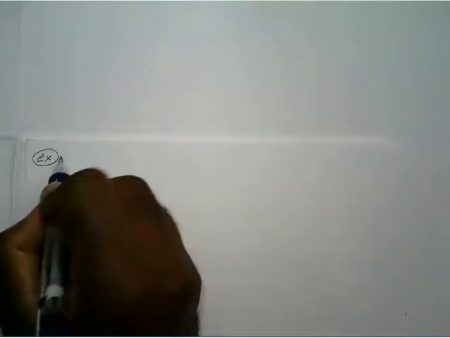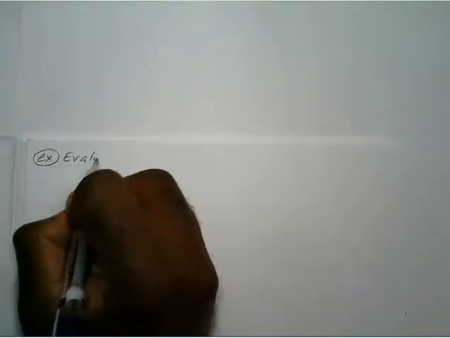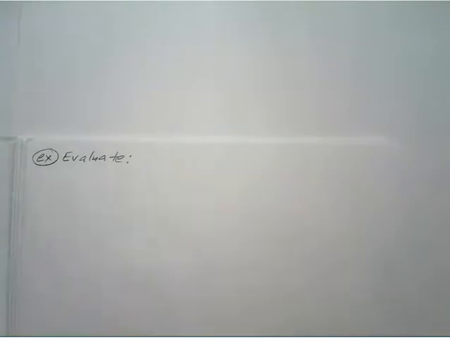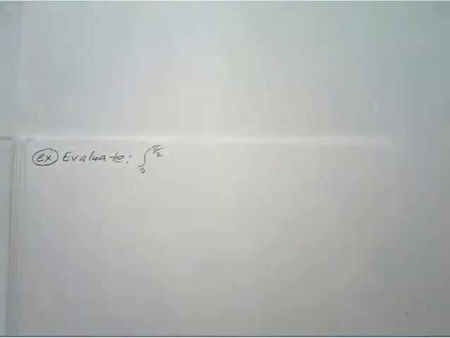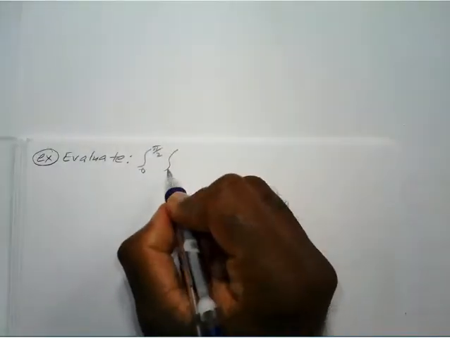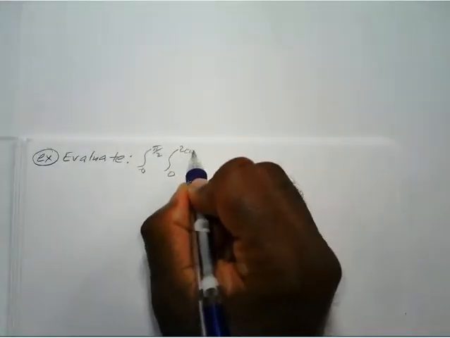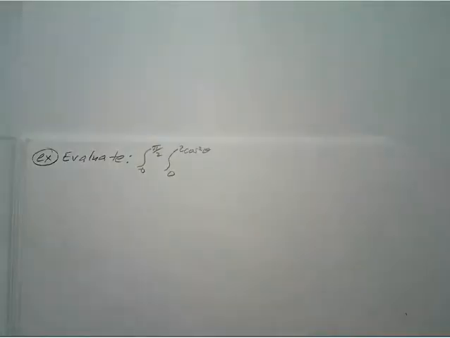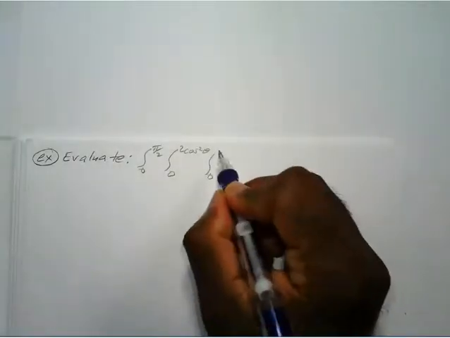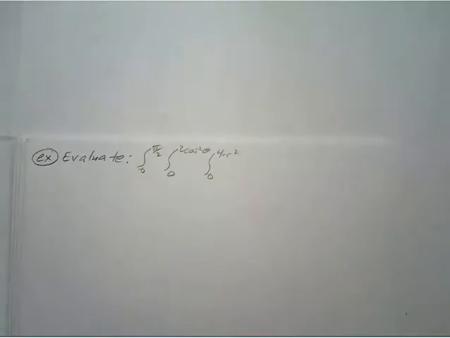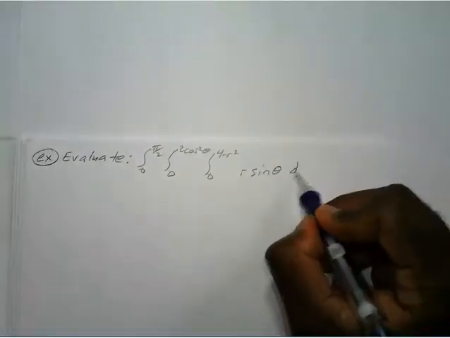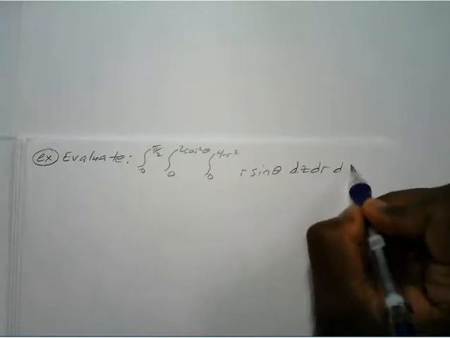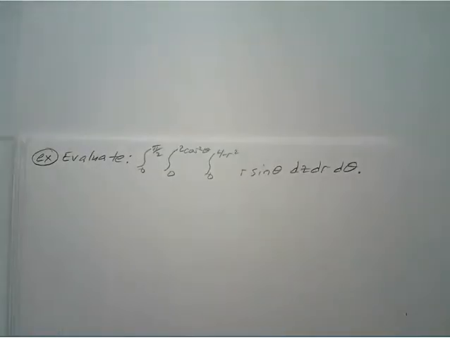Okay, so let's say, for example, we wanted to evaluate the integral from 0 to pi over 2, the integral from 0 to 2 cosine squared theta, and the integral from 0 to 4 minus r squared, of r sine of theta, dz dr d theta.